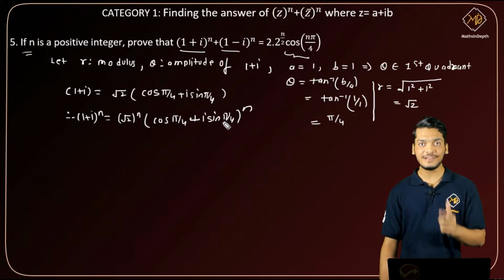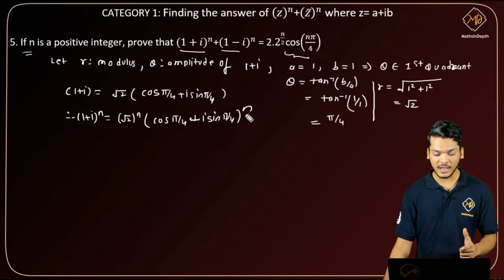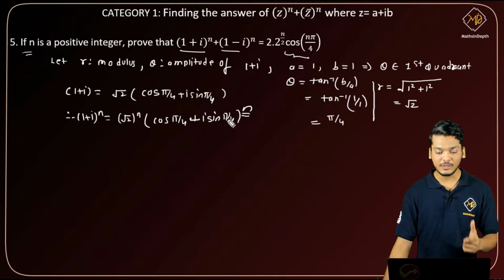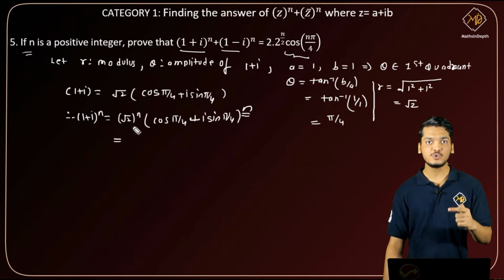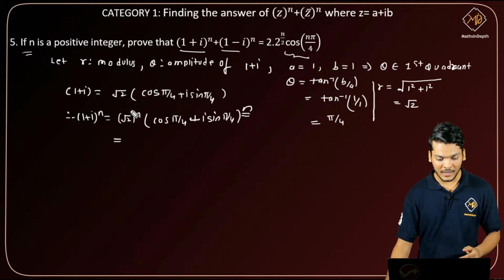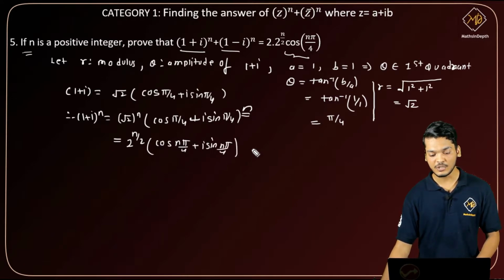Now I will apply De Moivre's theorem: I multiply this n with pi by 4. Root 2 can be written as 2 raised to 1 by 2, so this whole expression can be rewritten as 2 raised to n by 2 into cos n pi by 4 plus i sin n pi by 4. Let this be equation number 1.